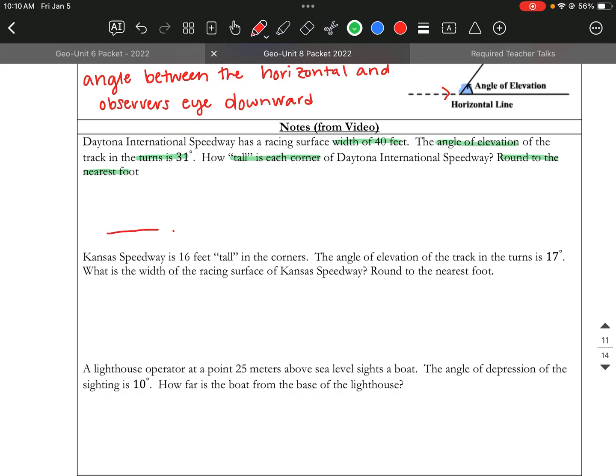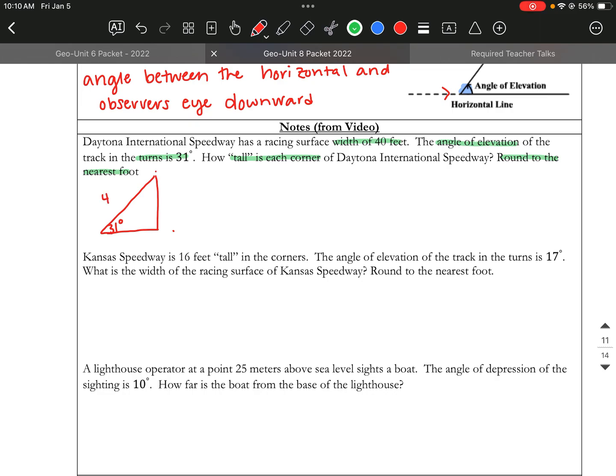In all our examples, we're going to work with a right triangle. I'm going to go ahead and draw my right triangle. The angle of elevation down here is 31 degrees. Our triangle represents looking at the track, with the bottom left where the track is starting and the top right near the stands.